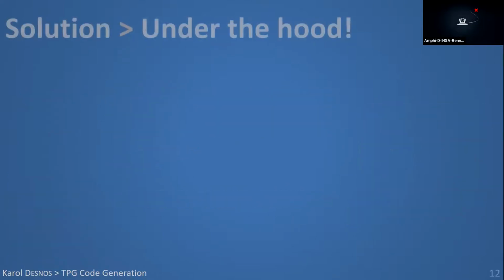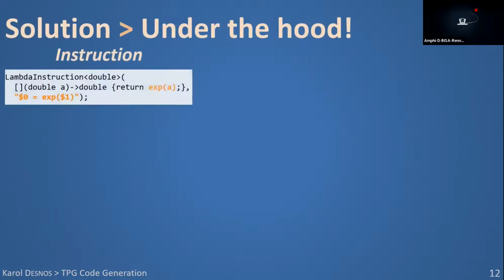If we have a look a bit under the hood of how we do that, the inputs that we have are first the set of instructions that we can use in our TPG model. Each time you want to train a TPG, you can actually specify the set of instructions that you want to use to train the TPG.